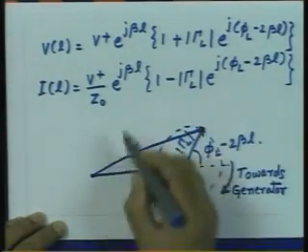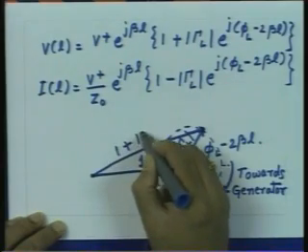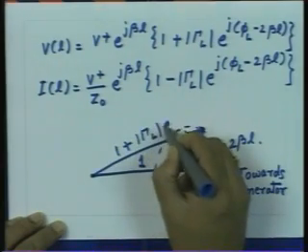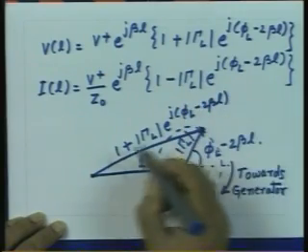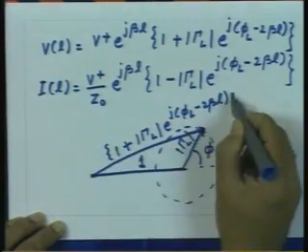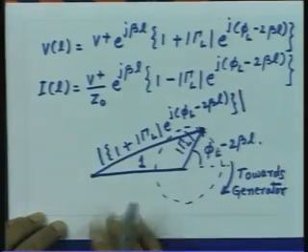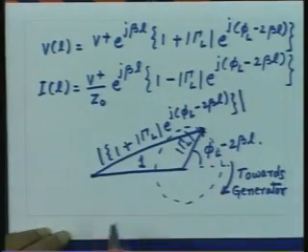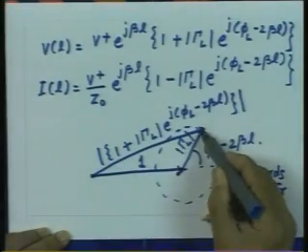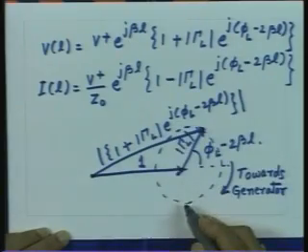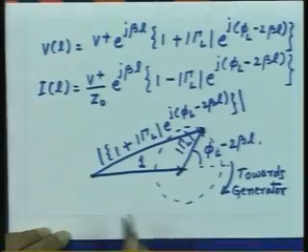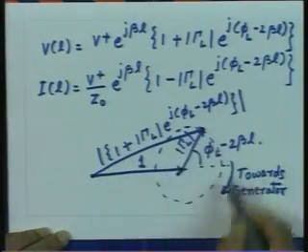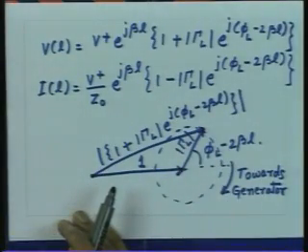So, this vector is nothing but 1 plus mod gamma L e to the power j (phi L minus 2 beta L), magnitude of this quantity. So, the first term is this vector which is unity, the second term is the vector which is rotating as we move towards the generator on the transmission line, and the magnitude of the total quantity essentially varies as we move on the transmission line.